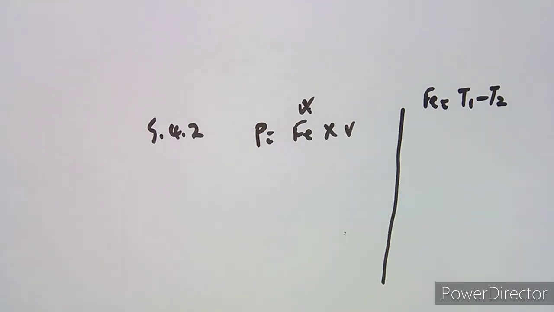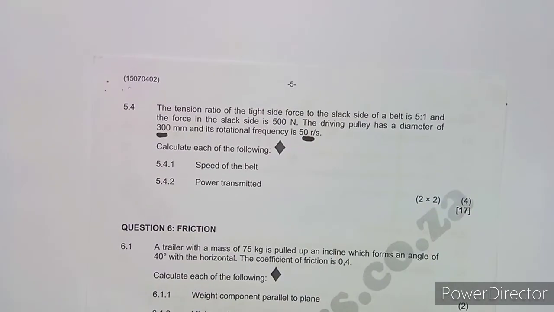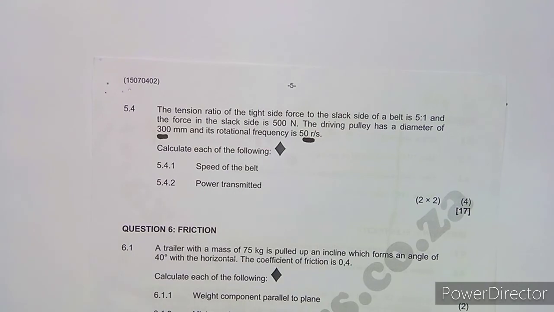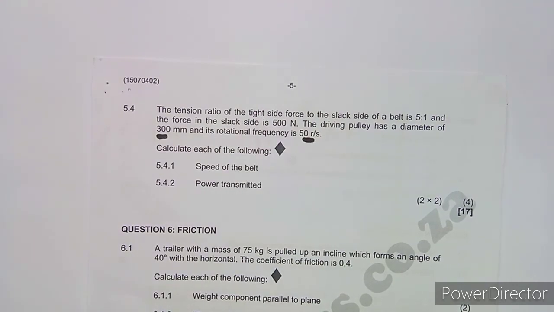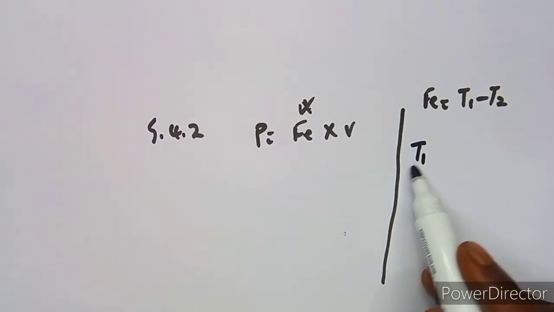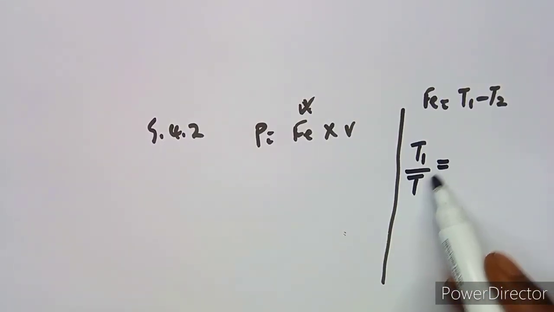All right. From the information that we are given, the tension ratio of the tight side force to the slack side of a belt is 5:1, which means the tight side, our T1 over T2, is equal to 5.